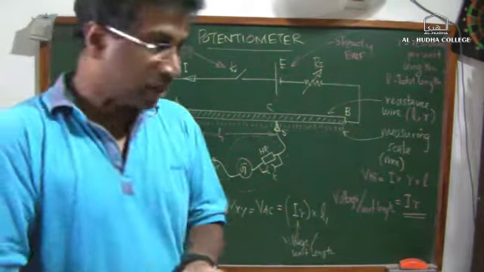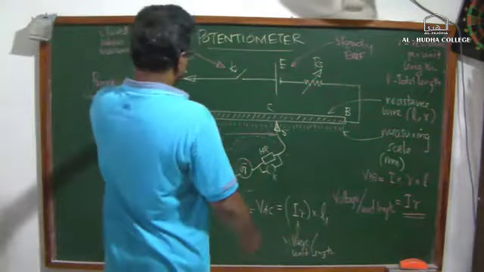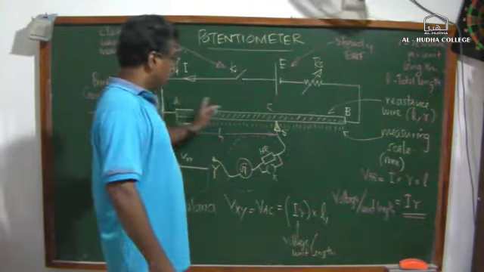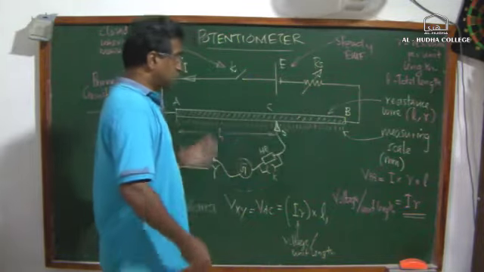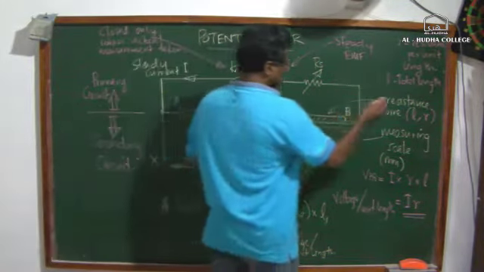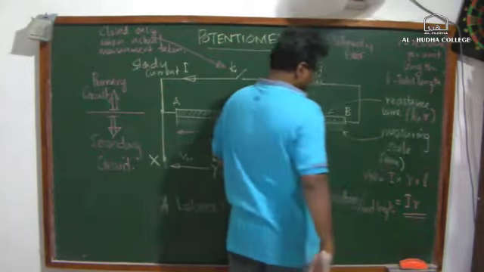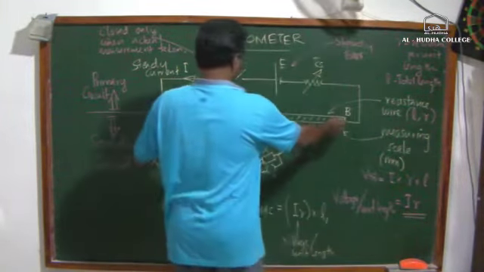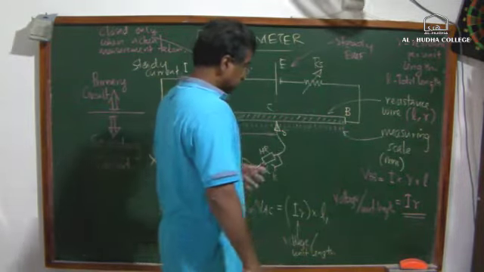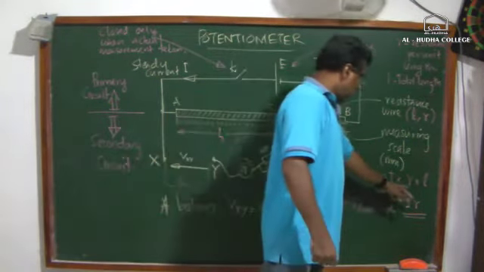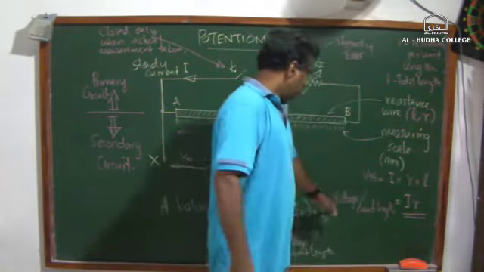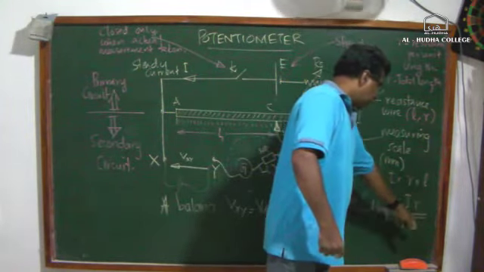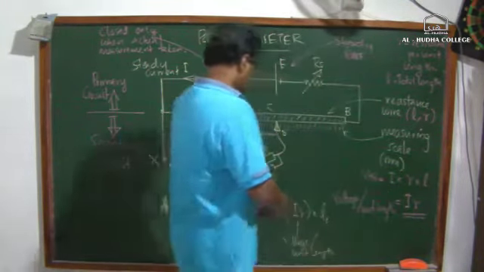So I'll summarize again. We establish a primary circuit. When the K is closed, there will be a current flow through the resistance wire. For the resistance wire, we have resistance per unit length, and then we can calculate VAB, the total potential drop across AB, the resistance wire, that is I into R into L. Then the voltage per unit length you can find by dividing I into R into L by L, so it is IR, right?